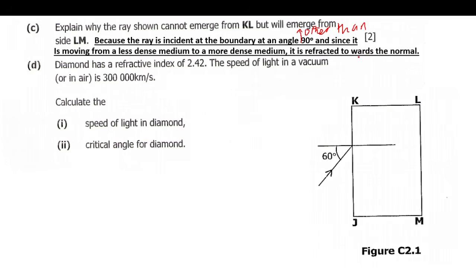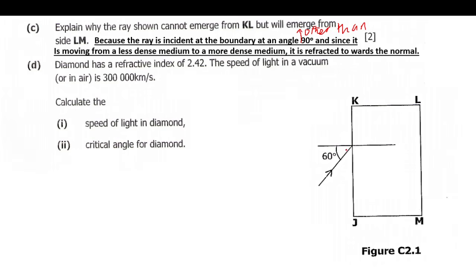Meaning that since it is not coming at 90, it is coming at an angle which is at 60 degrees to the normal.